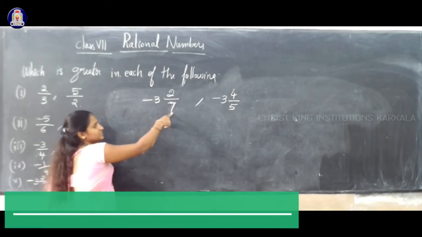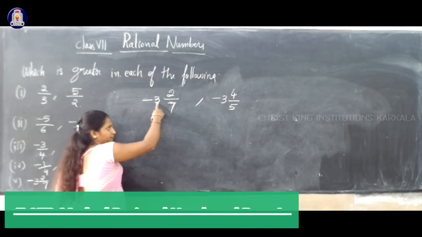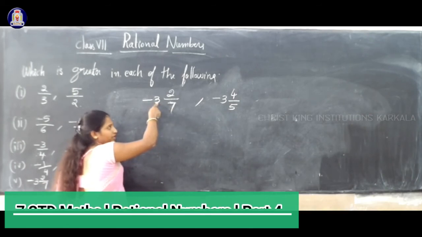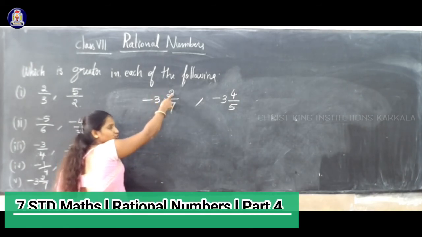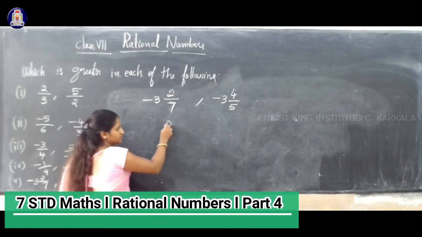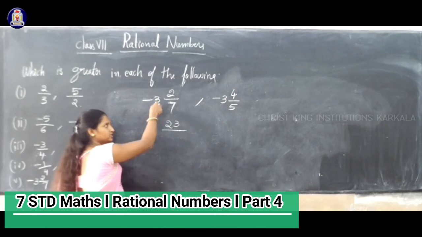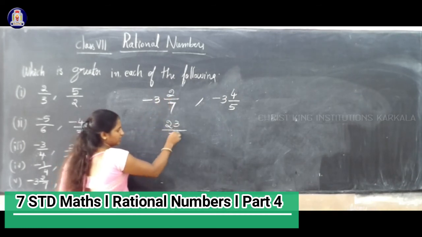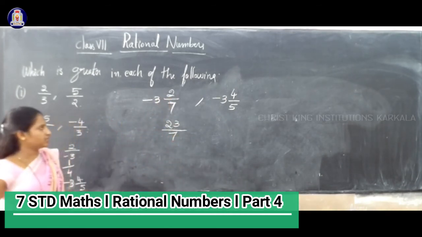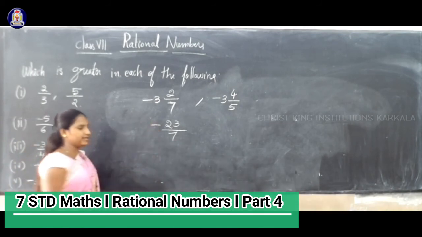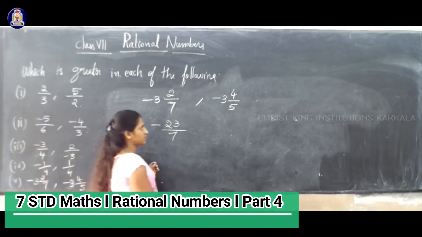So we get 7 3s are 21, these two you have to multiply, right? 21 plus 2, that is 23. Is it correct? 7 3s are 21, 21 plus 2 is 23, so 23 by 7. So the sign is minus 23 by 7.